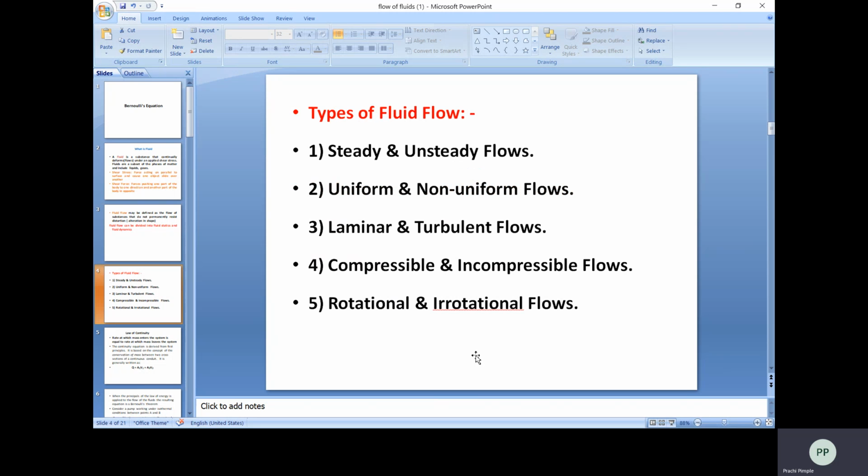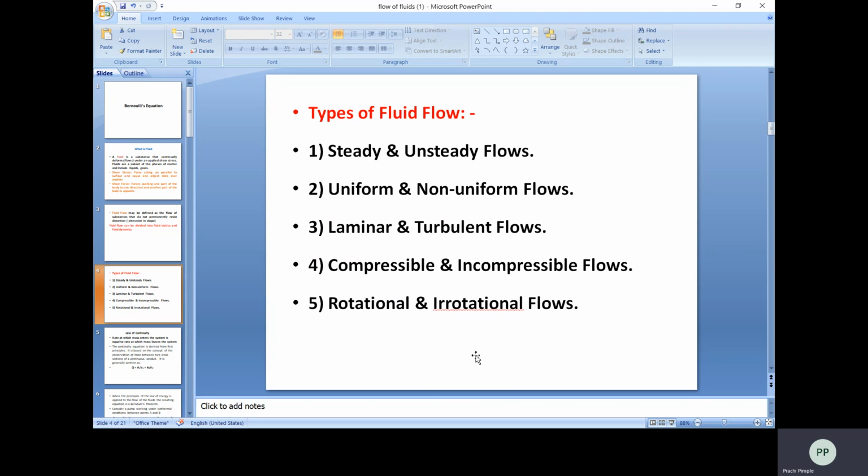The first type is steady and unsteady flow. Steady flow is one in which fluid parameters or characteristics like velocity, pressure, density do not change at a particular point, while in the case of unsteady flow, these parameters change with respect to time.